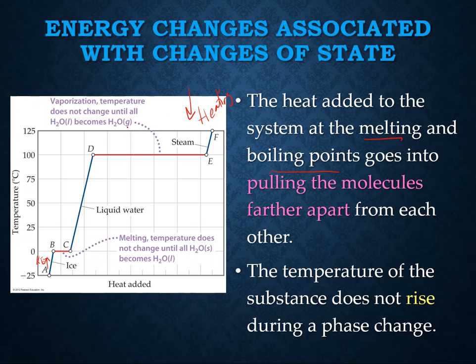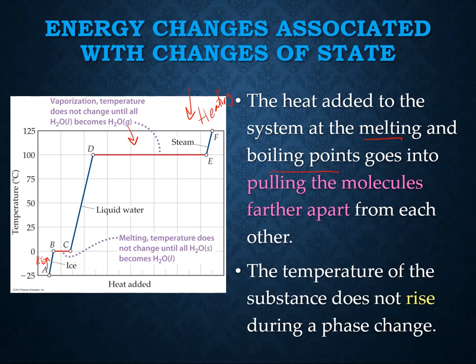And then when it finally gets up here to the vaporizing stage, that plateau is a lot wider, because it overcomes all of the forces. Technically a gas, if we're following the kinetic molecular theory, one of the assumptions is that gas particles do not have any attractive or repulsive forces.